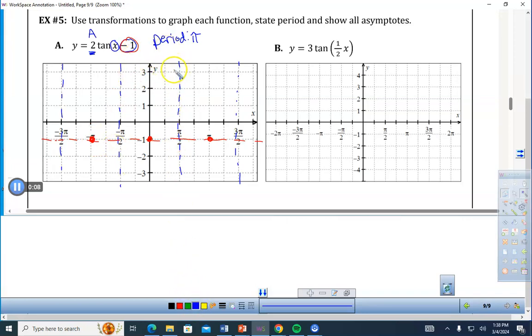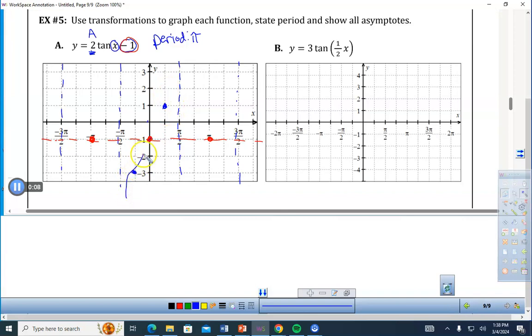What I'm also going to do is take my A, which is 2 this time. So my low point would have been down 2, right? Because of my A, I'm going to go down 2 from my 0, in between my 0 and my asymptote. I'm going to go up 2 from my new midline, because I'm shifting my high and low each down 1.